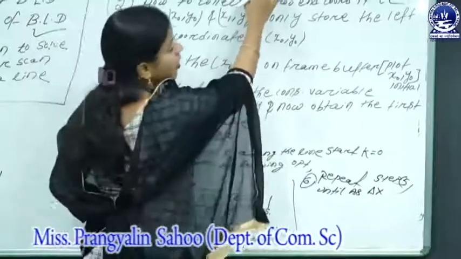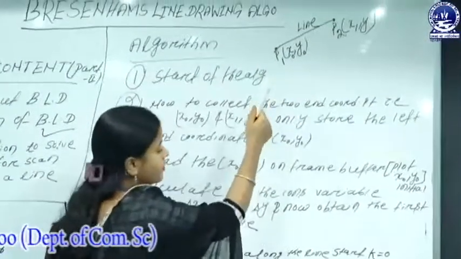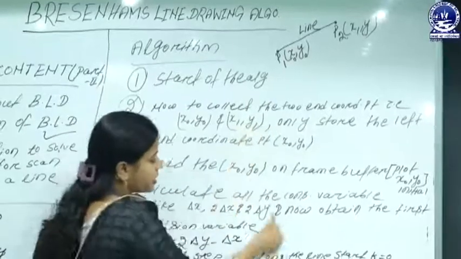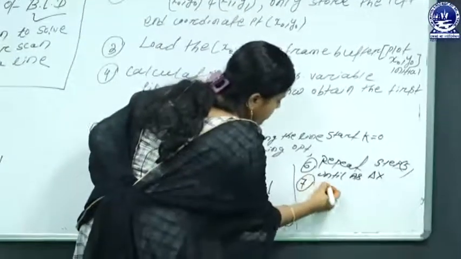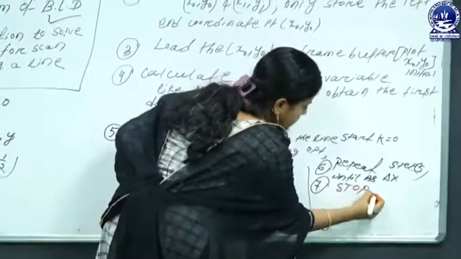When we have found all the intermediate pixel points until the length is reached, the program stops, that is, the algorithm halts.